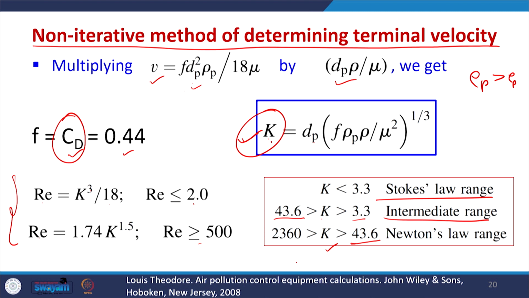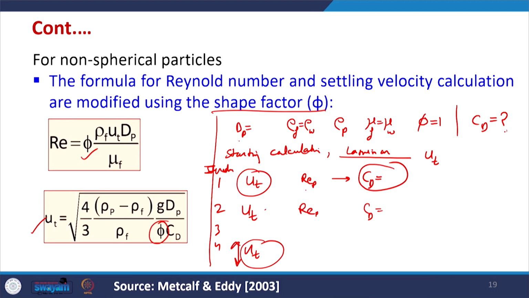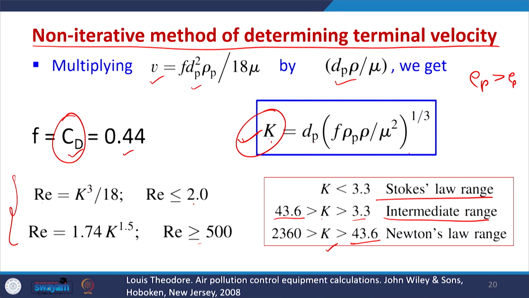Now, the beauty of this equation is that we do not need to perform the iteration. Once the values dp, rho f, rho p, nu f, etcetera are known, we can directly find out the k value, and once k value is known, we know whether it is in the Stokes law region or the Newton's law region or intermediate region, because from k value we can directly find out the region.